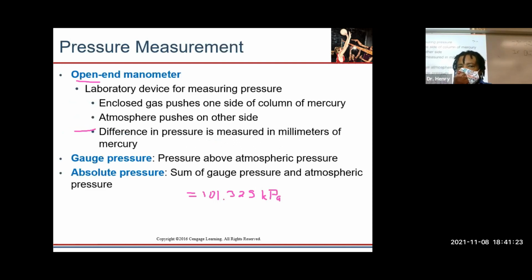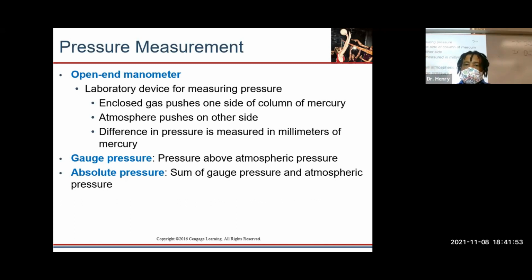Okay, so let's talk about what we can do with pressure. Another way of measuring pressure. So we talked about the barometer, right? So there's also what we call an open-ended manometer. That's basically a device that we use in lab to measure the pressure that the atmosphere is exerting.